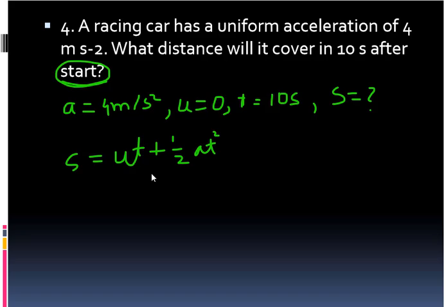Now see, initial velocity is 0, so this term will become 0. Half, acceleration is 4, time is 10. You put the value here and you will get the total displacement traveled by the car. So solve this question again.